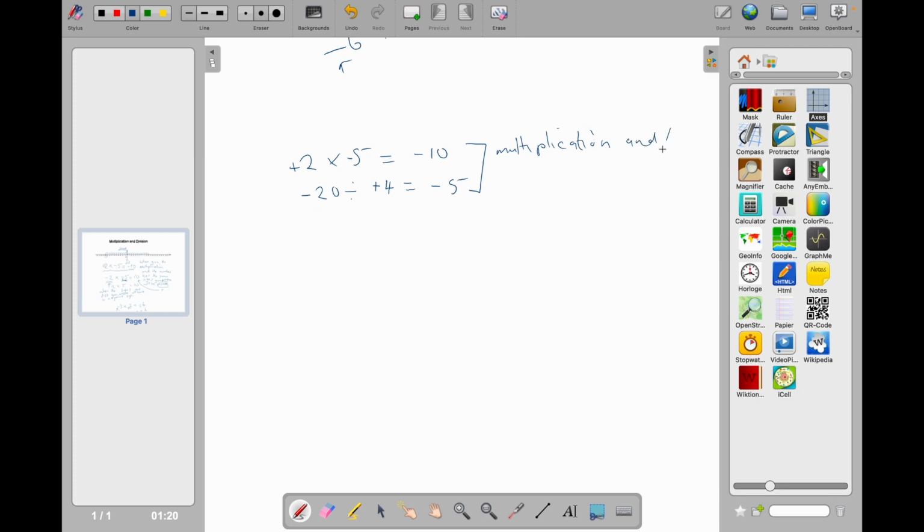So what's happening here is, in multiplication and or division the rule is the same.